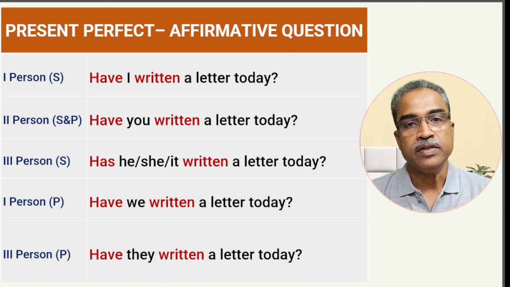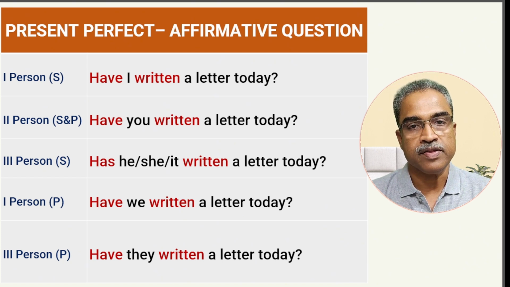Now, I just want to tell you something here. We learned simple present, simple past, simple future, present continuous, past continuous, future continuous, and now present perfect. I want you to understand one thing, that when we frame questions, we use the first auxiliary, the first one, then the subject.